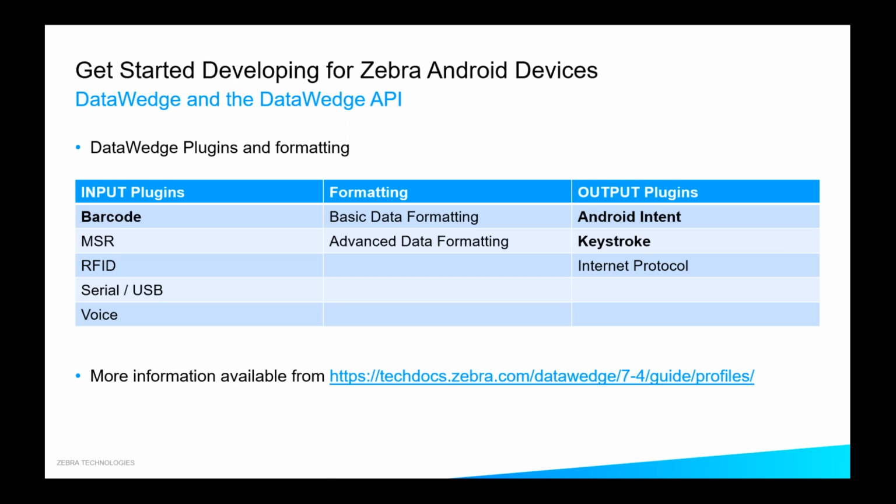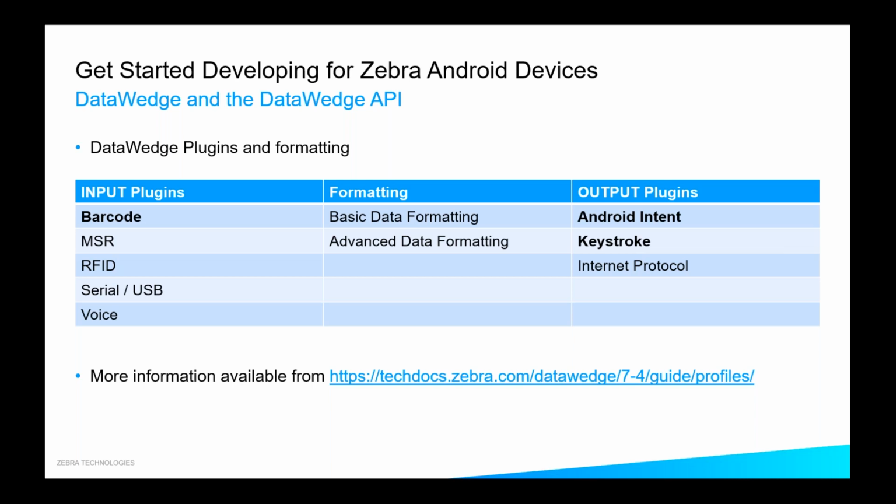In terms of formatting, you only really do formatting if you're outputting keystrokes. Back in the day, before Android, all applications were receiving their DataEdge data as keystrokes, and it was a very common use case to want to modify the data before the keystrokes were injected into the application.